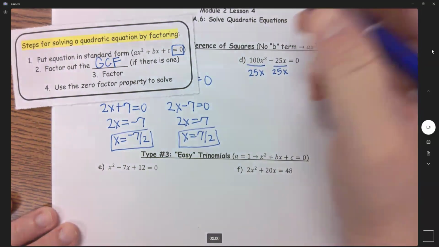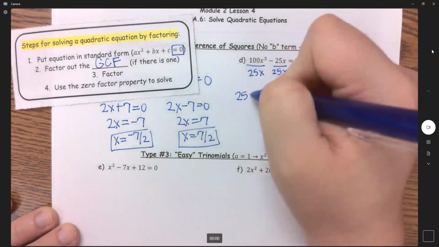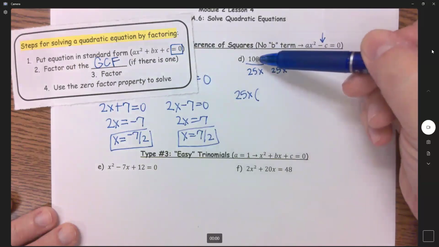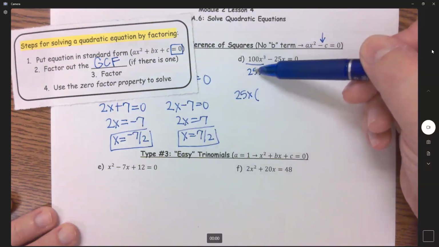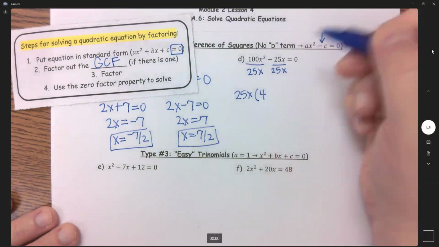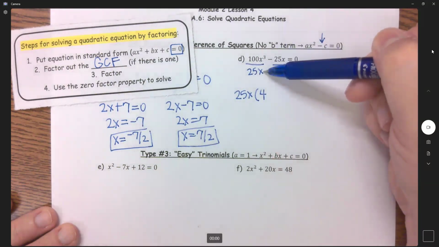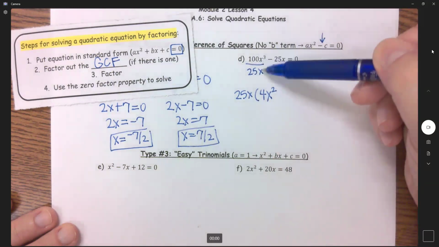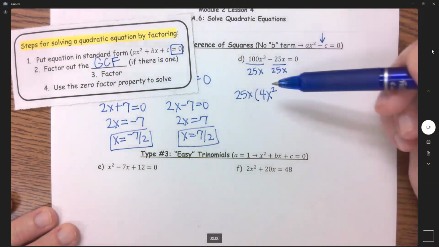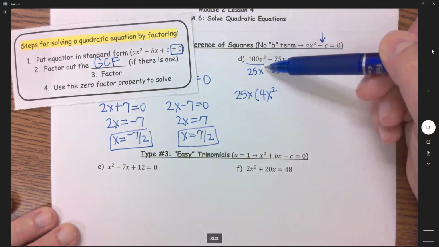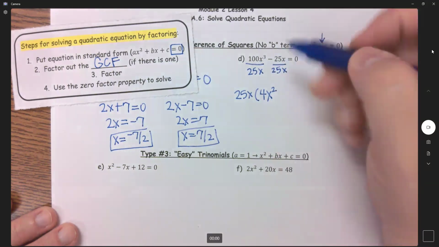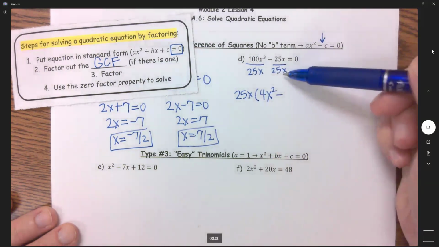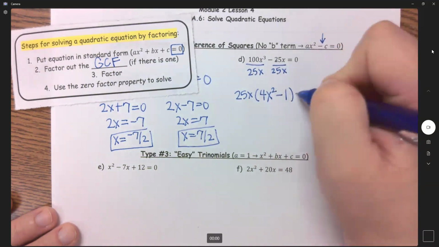So this GCF goes on the outside. 100 divided by 25 is 4. X cubed divided by x is x squared. When you divide variables, you subtract the exponent. So 3 minus 1 is 2. Then minus 25x over 25x is a negative 1.